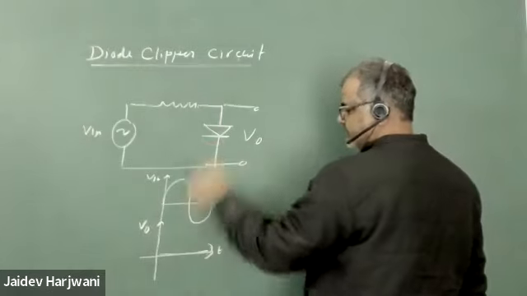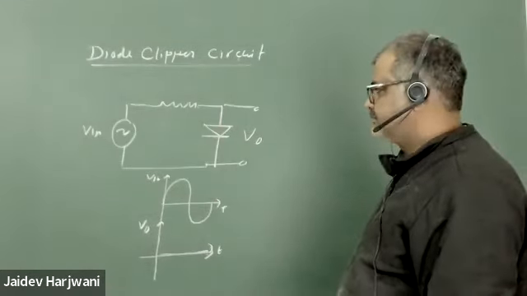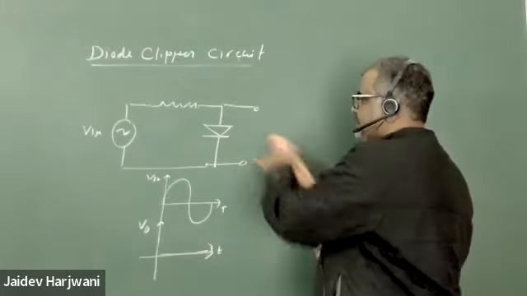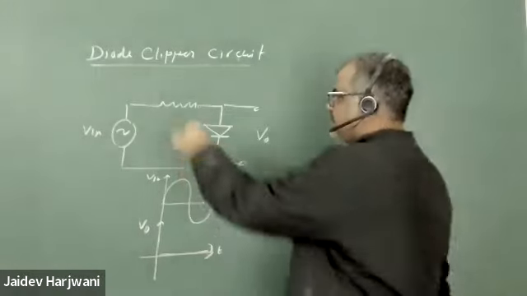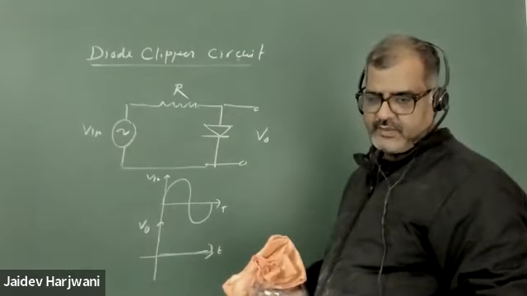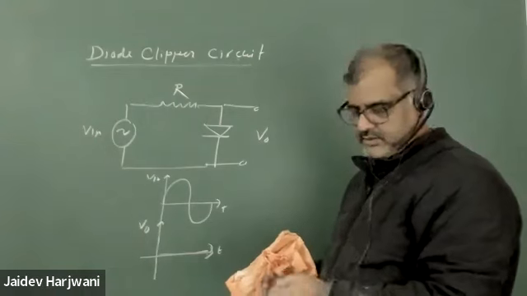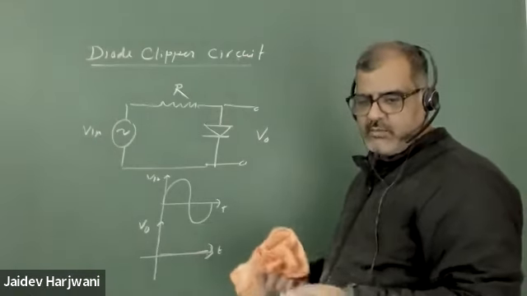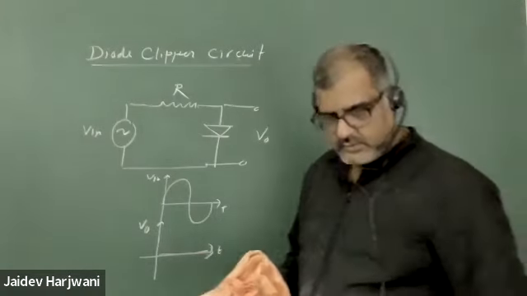The same wave will come. Yes, that would be conducting. Diode conducting means there will be a voltage drop across R, and across the diode, how much voltage will come? V in minus IR.